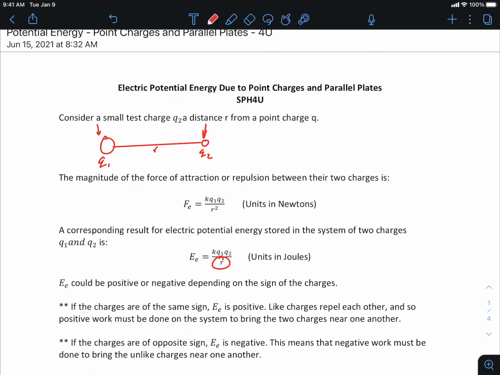So the electric potential energy could be positive or negative depending on the charges involved. If the charges have the same sign, the energy is positive. Like charges repel each other, and so positive work must be done on the system to bring the two charges near one another.